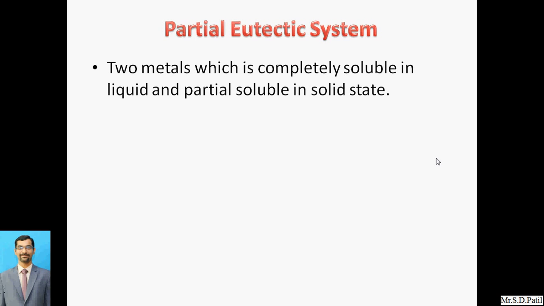In the previous case, the eutectic system, the metals are completely soluble in the liquid and completely insoluble in the solid. But in this partial eutectic system, they are completely soluble in the liquid but only partially soluble in the solid state.